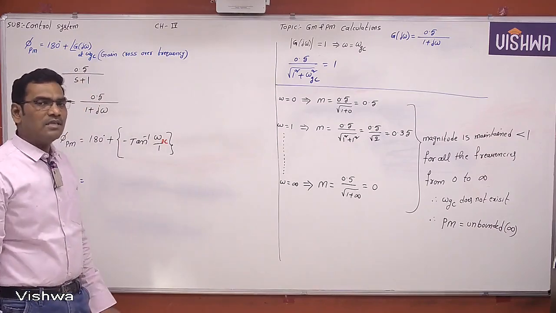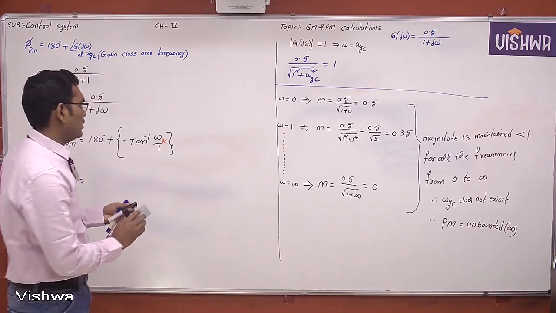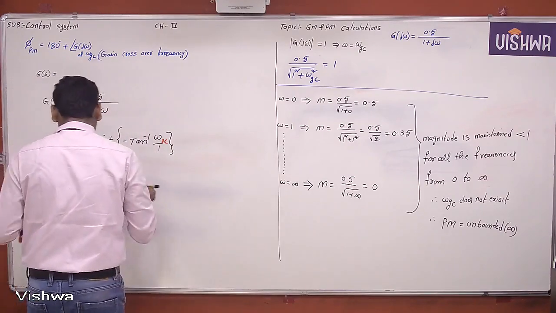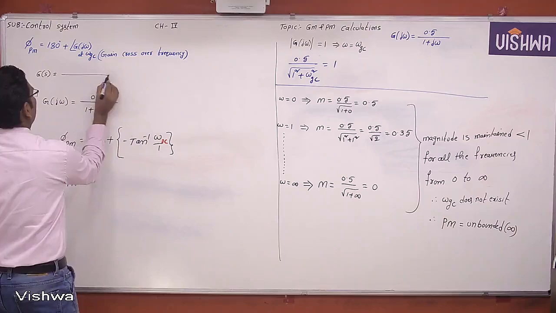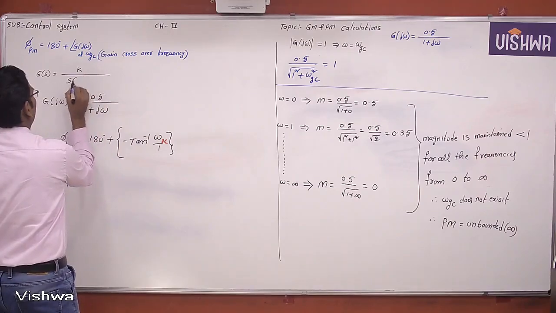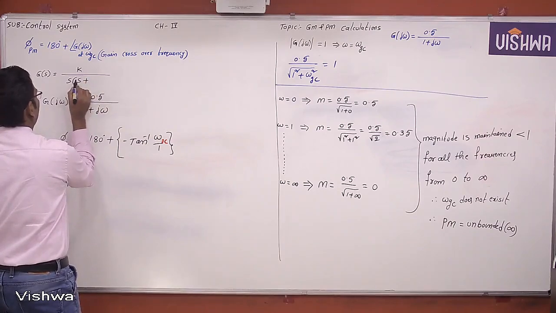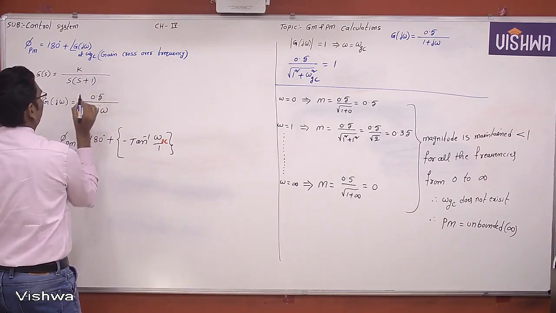Okay, now this is the way you calculate the phase margin. Now let us solve one more problem. G of S equal to K by S into S plus 1.